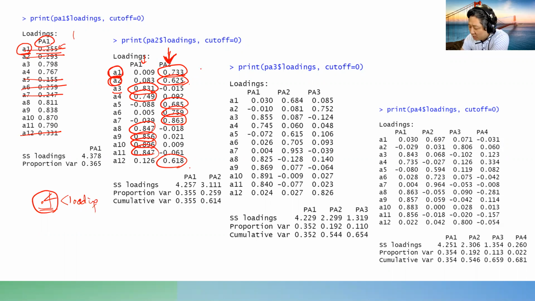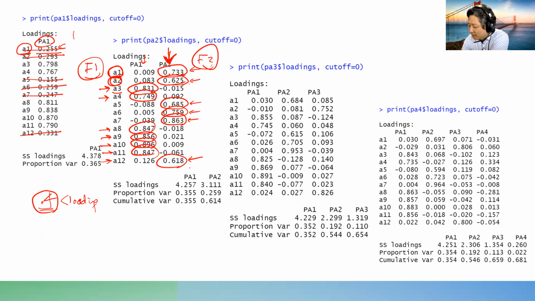So variables 1, 2, 5, 6, 7, and 12 load on factor 2, and variables 3, 4, 8, 9, 10, 11, 12 load on factor 1. Okay, so these 6 items are measuring factor 1, another 6 items measuring factor 2.